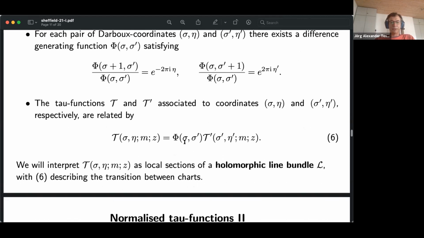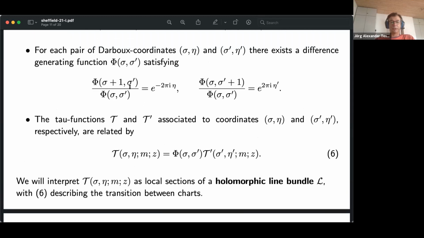So we pick the sigma-type variables in the two coordinate systems, sigma and sigma prime. And we are to find, and I will talk about this in a moment, functions of sigma and sigma prime which satisfy a finite difference version of the defining properties of a generating function.